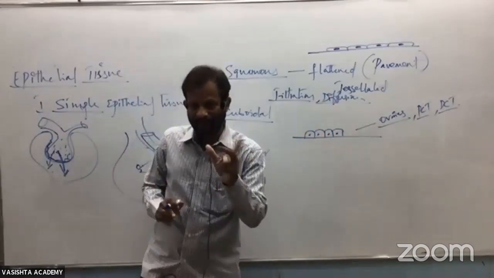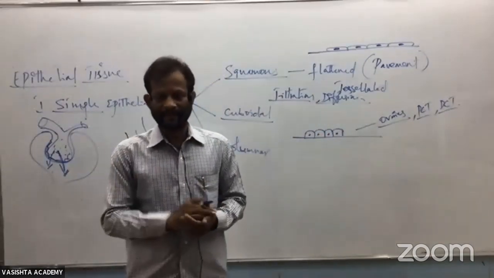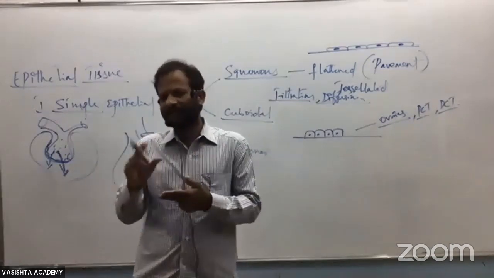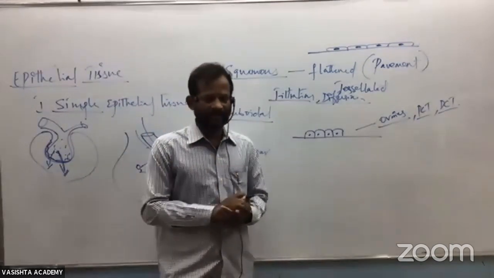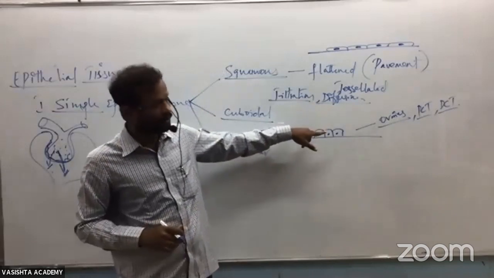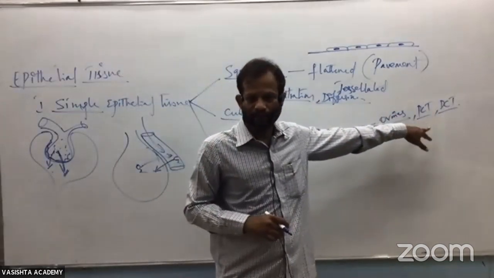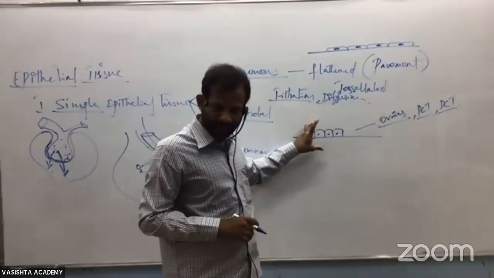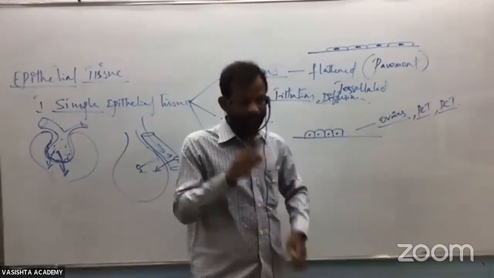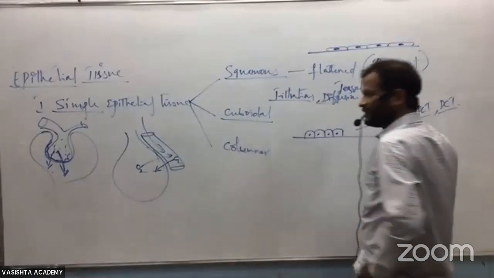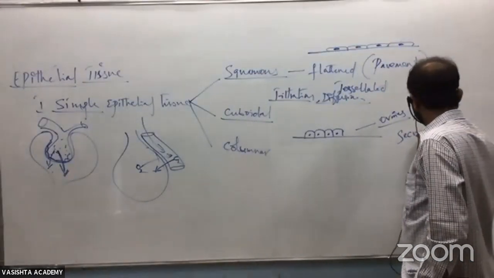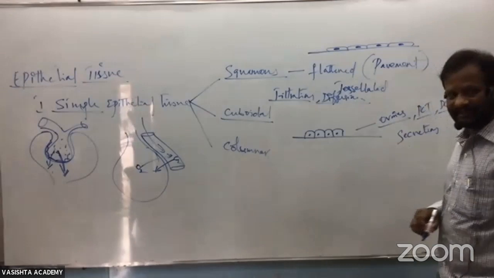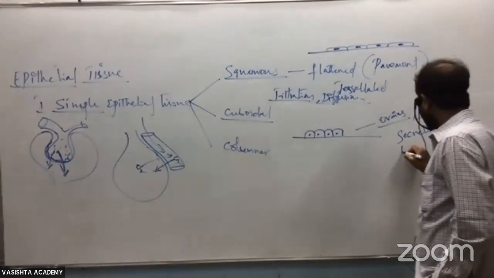The head-like Bowman's capsule is having squamous. The next highly convoluted area of that tubular part, that is the proximal convoluted tubule and distal convoluted tubule, these two are made of cuboidal epithelium. So the main functions are secretion and diffusion.